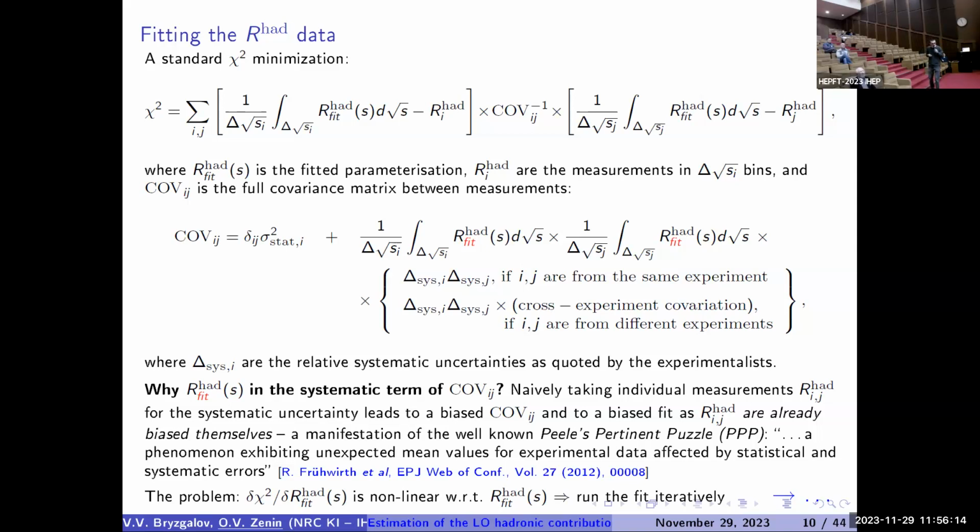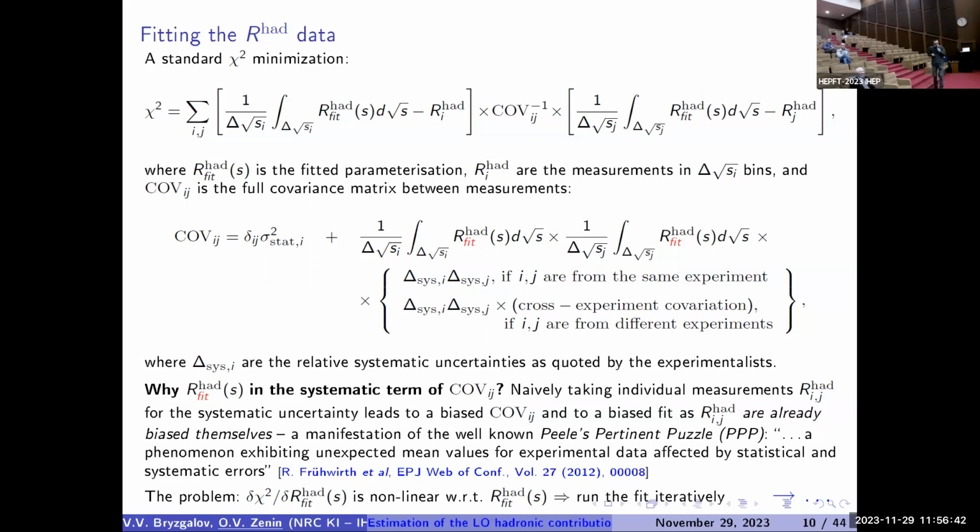Qualitatively, it can be explained as follows. Suppose we have two experiments measuring the same cross-section at the same energy, and one experiment is systematically higher than the other. Let us suppose that both experiments independently estimated their relative systematic error to be, say, 2%.